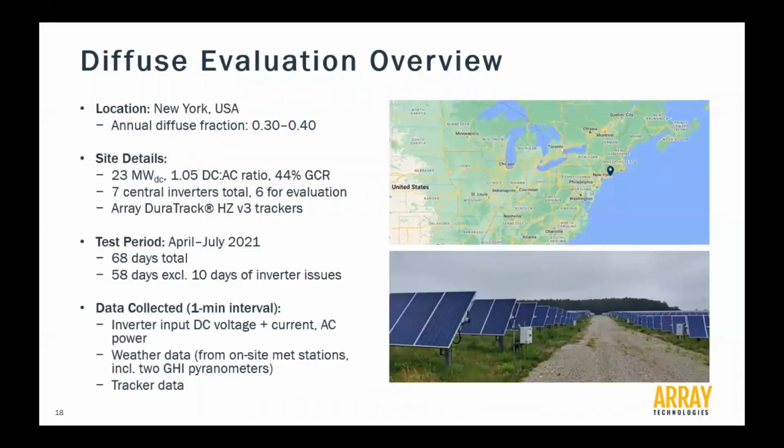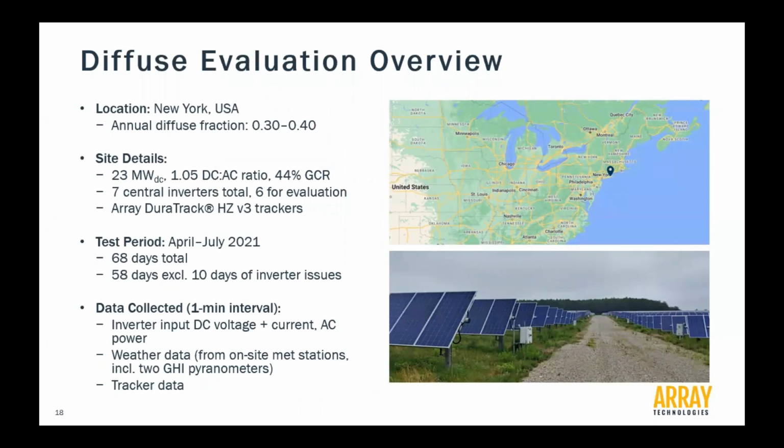Moving on to SmarTrack Diffuse. This Diffuse evaluation took place from April to July 2021. The site was located in New York and had an annual diffuse fraction of between 0.3 and 0.4.